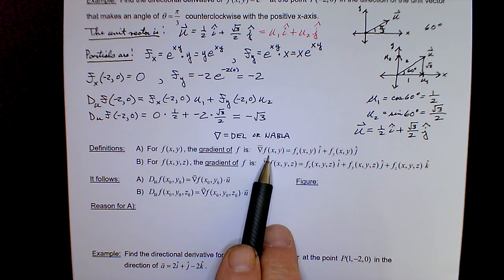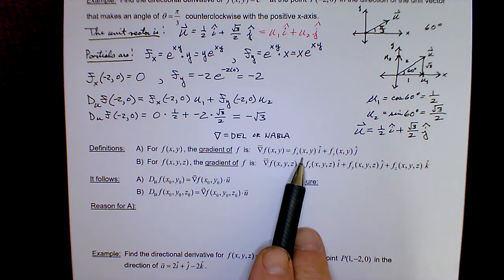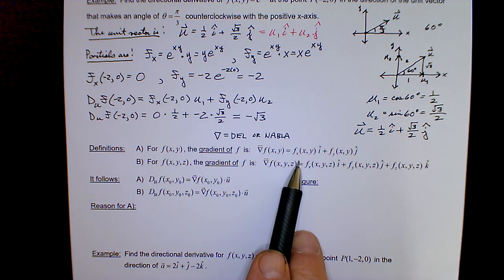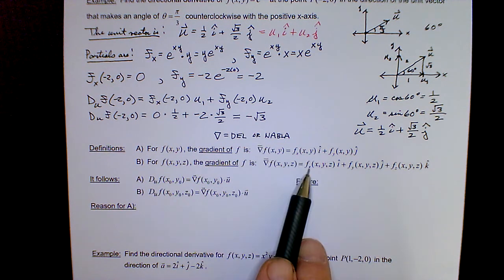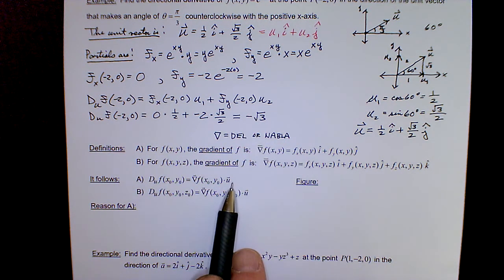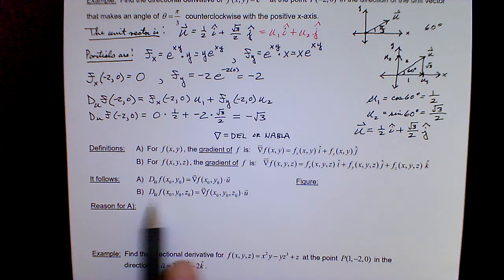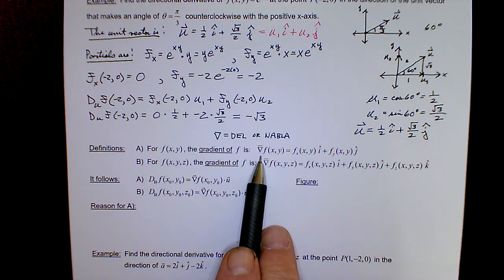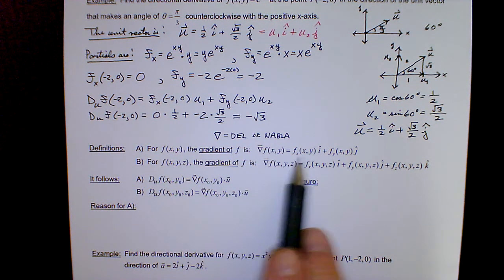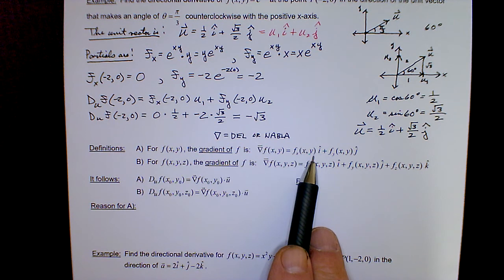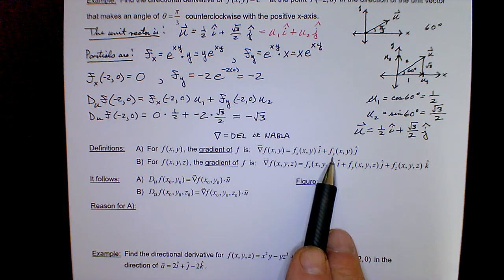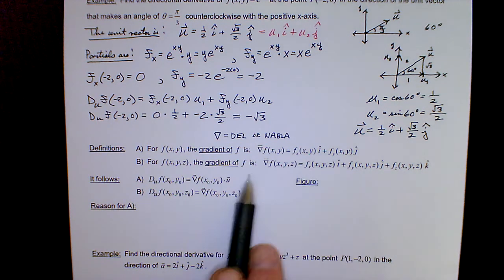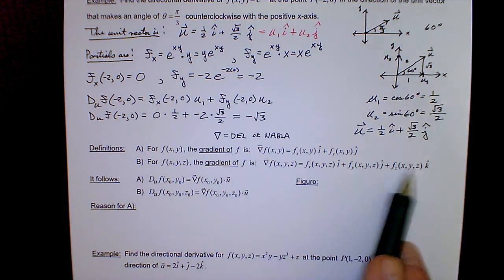So the gradient of the function f of x, y is going to turn out to be a function, and then we can evaluate the gradient at a point, and we'll see in a moment what happens. But the gradient's just going to be the partial of f with respect to x times i, and then the partial with respect to y times j, and extending that to 3 variables, x, y, and z.